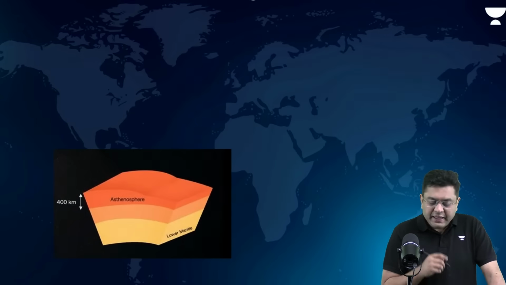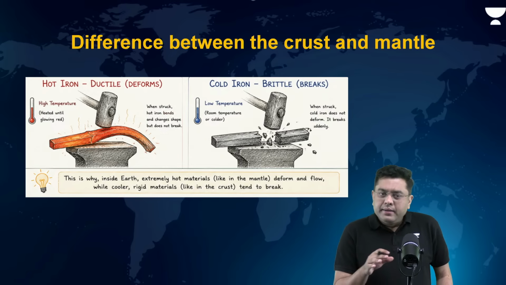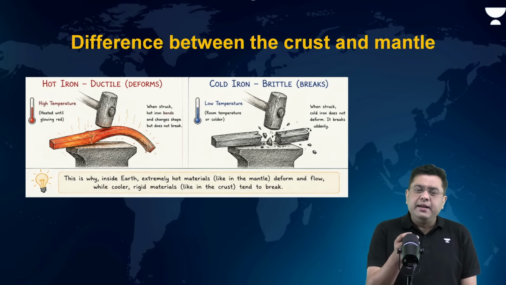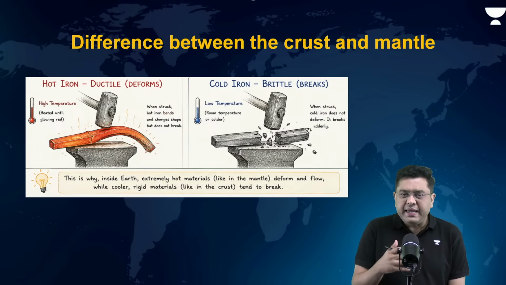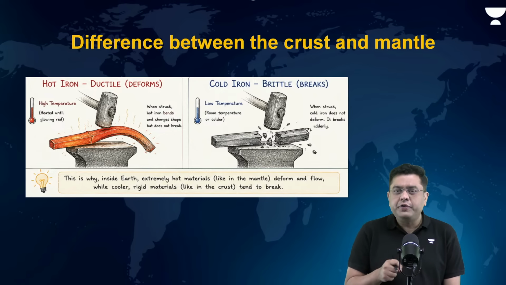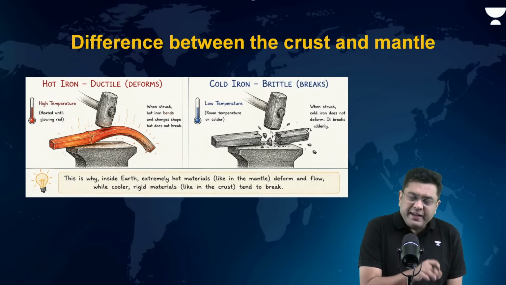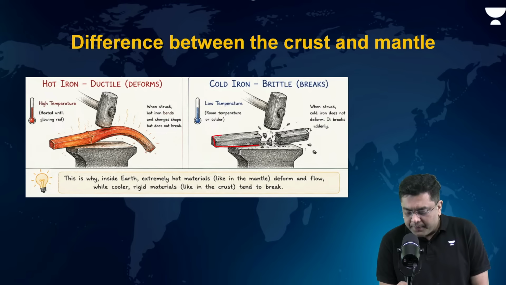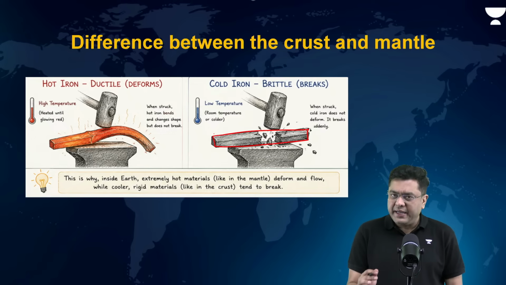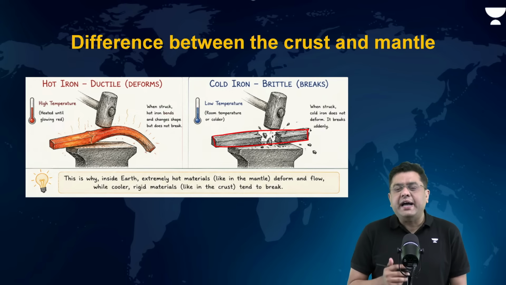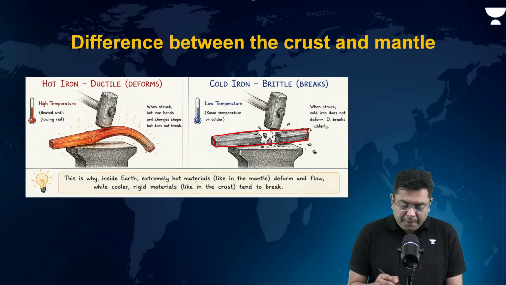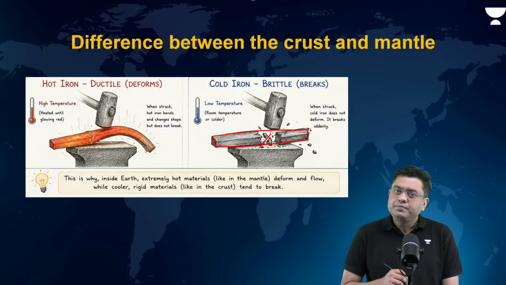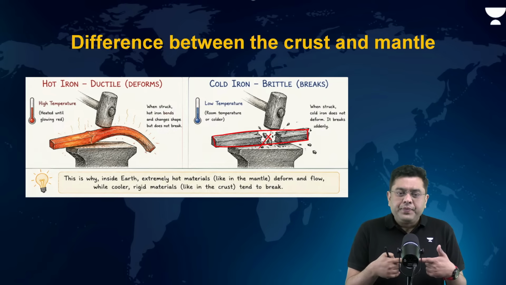Now, the difference between crust and mantle when it comes to how they behave when they experience forces and pressure is very simple, expressed by this particular analogy and image. If I keep an iron rod at room temperature and hit it with a hammer, what will happen? It will break, right? That is where excessive force is applied.